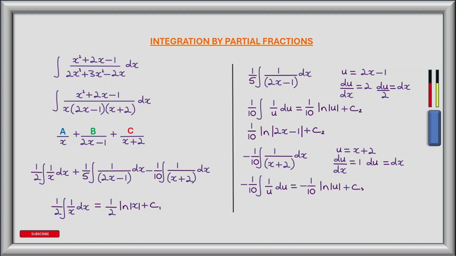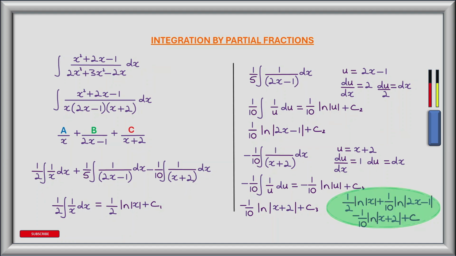If we now substitute our value of u, we have minus 1/10 times the integral of 1 over u du. So evaluating the integral, we have minus 1/10 times the log of the absolute value of u plus a constant of integration. And now if we substitute back in for u, where u is equal to x plus 2, we're left with minus 1/10 times the log of the absolute value of x plus 2 plus a constant of integration.